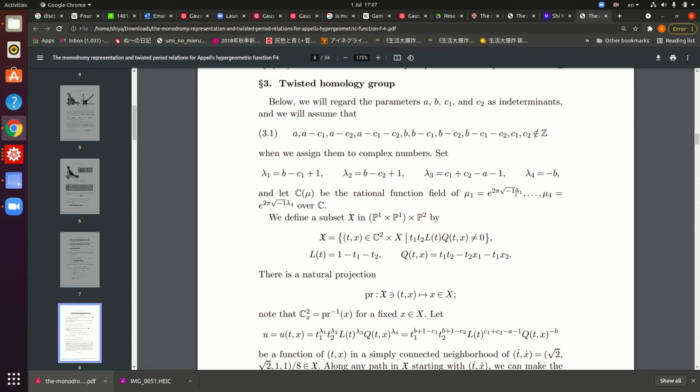So this one looks like a hyperbola, right? In the T1, T2 real plane, a fixed value of Q corresponds to T2 being some fixed value over T1.